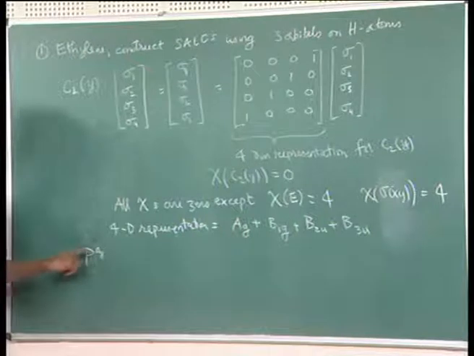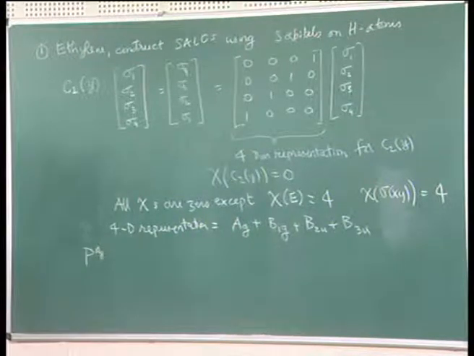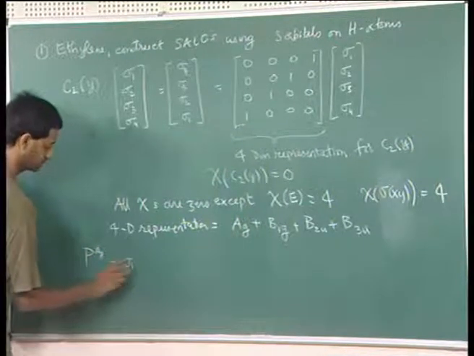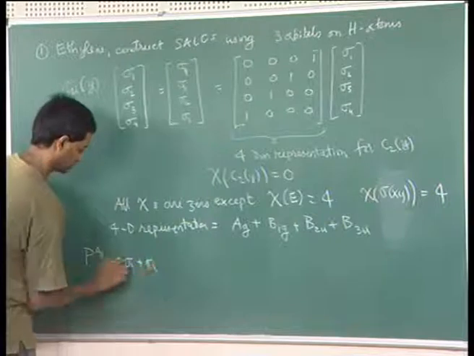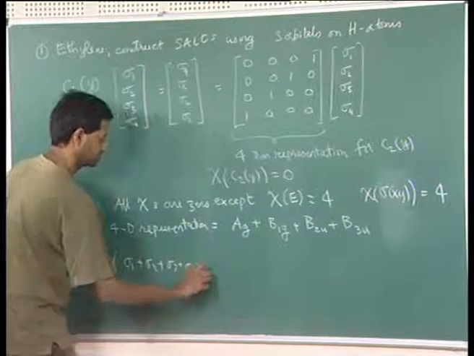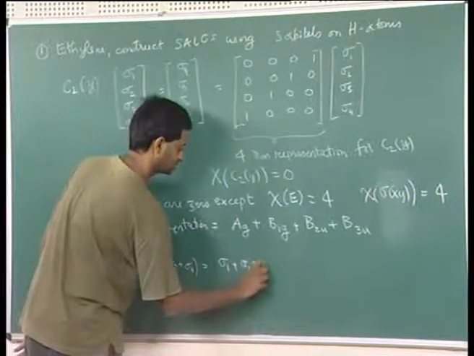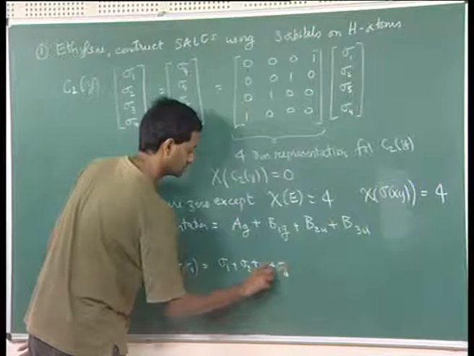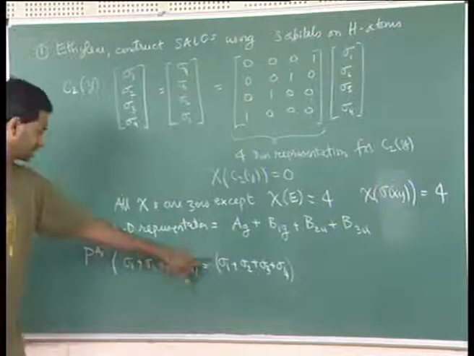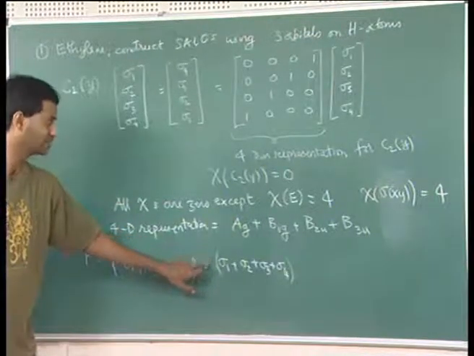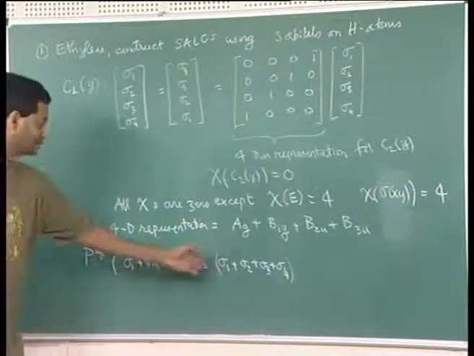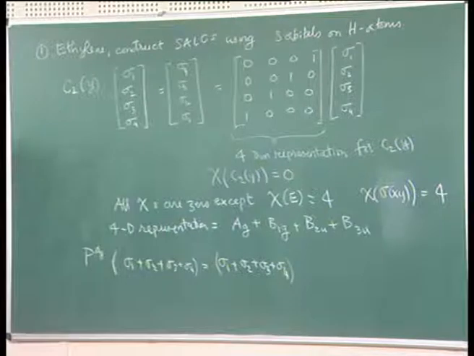So we'll calculate the projection operator in AG, and this you can show, operated on sigma 1, is sigma 1 plus sigma 2 plus sigma 3 plus sigma 4. I am not bothering writing the prefactor, the 1 by h factors, since they are constant, but basically this will just be sigma 1 plus sigma 2 plus sigma 3 plus sigma 4.